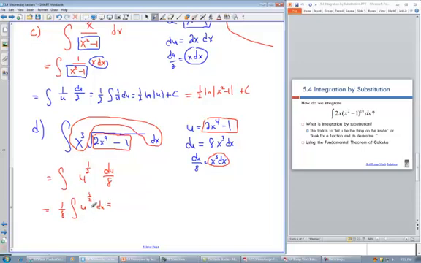And this is just a power of u, so I add 1 and I divide by it. So this is 1/8 u to the 1/2 plus 1 divided by 1/2 plus 1, plus c, which is equal to 1/8 u to the 3/2, right? Half a cup plus 1 cup is 3/2 of a cup. And then divided by 3/2, plus c.